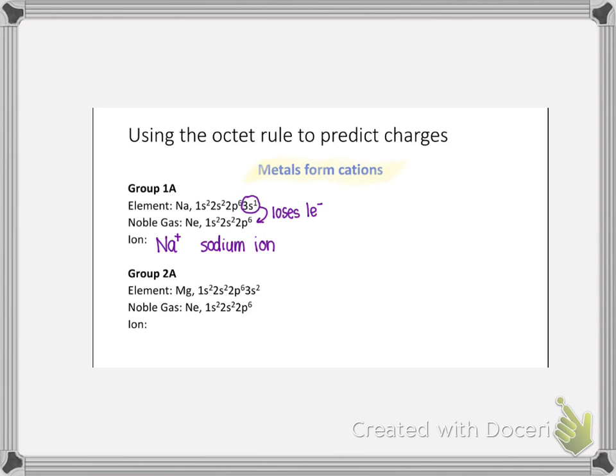And what we can then predict is every atom in group 1A will lose that one valence electron to form a positive 1 charge. So what we understand is just a piece of it, but then we can predict that all of group 1A will form a +1 charge.